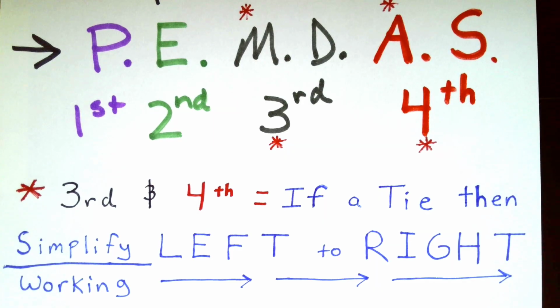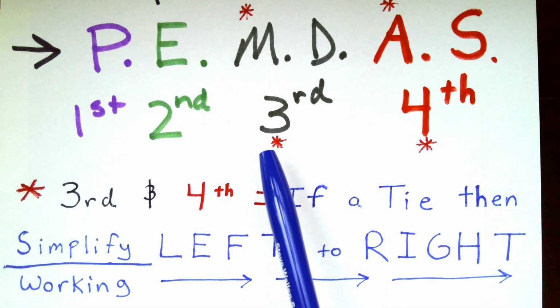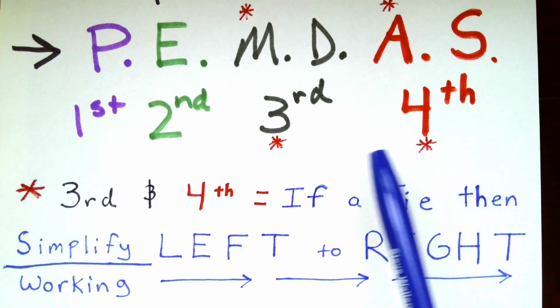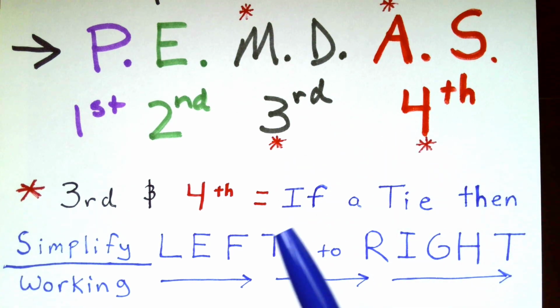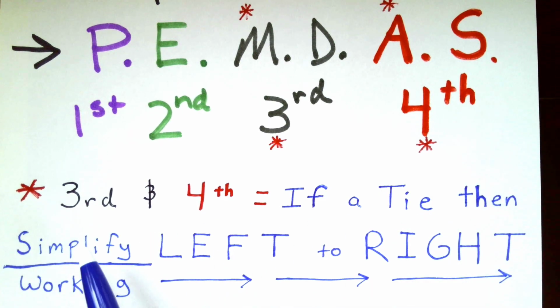Okay, so you can see these little asterisks here, and I want to point out that when it's multiply or divide, or add or subtract, the third and fourth steps in order of operations, if it's a tie, then you work left to right.